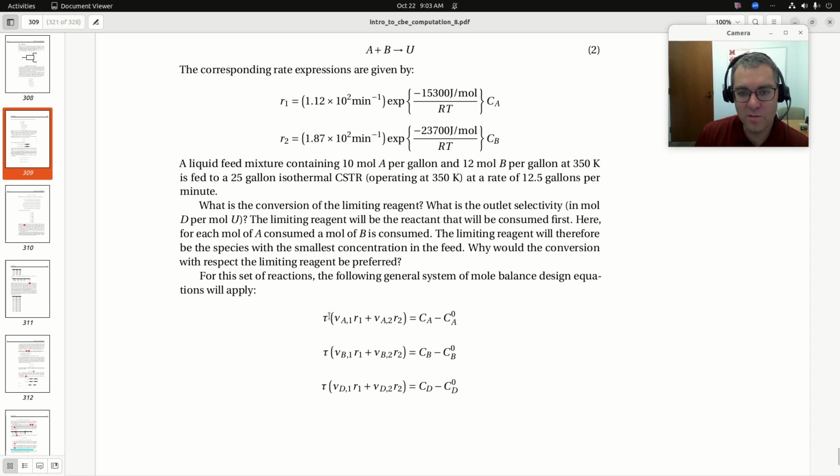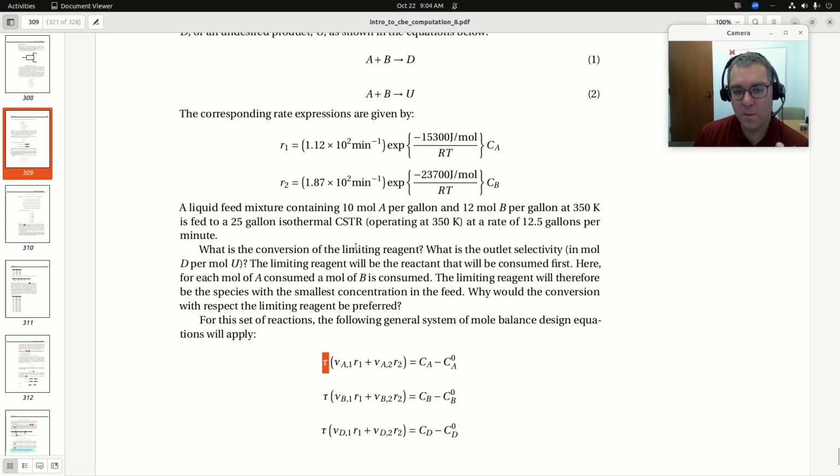So it's going to have units of time, and it is equal to the volume of my reactor divided by the inlet volumetric flow rate. Volume divided by volumetric flow rate is going to have units of time. So if I use volume in gallons and rate in gallons per minute, tau will have units of minutes.